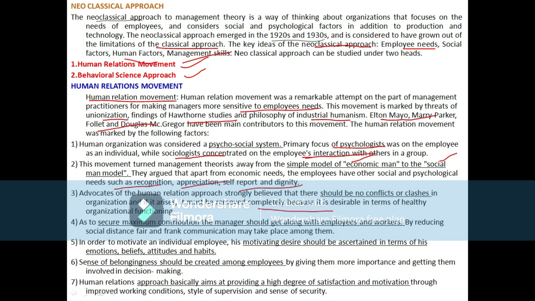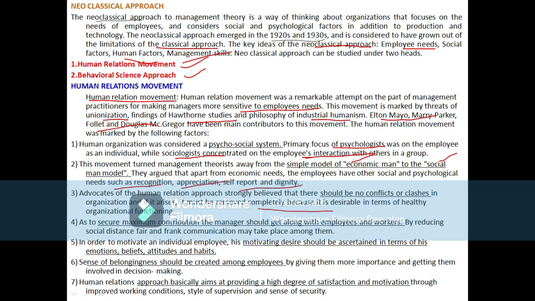If we want to withstand in the competitive world and remain in the market, then for healthy organizational functioning, these conflicts should be removed completely.